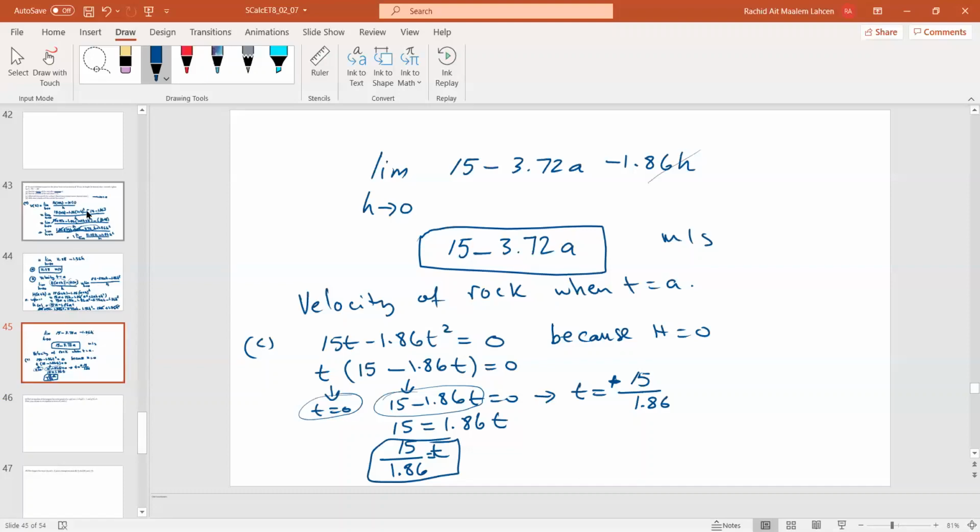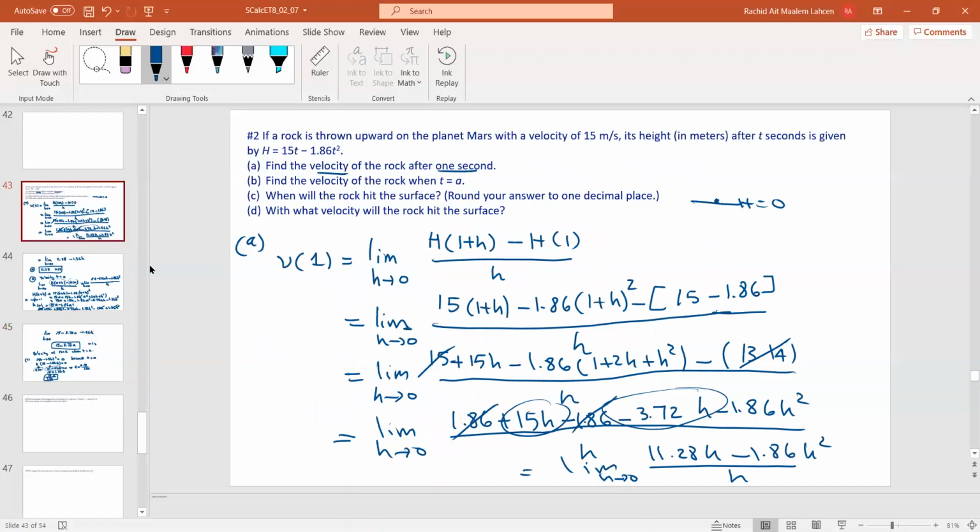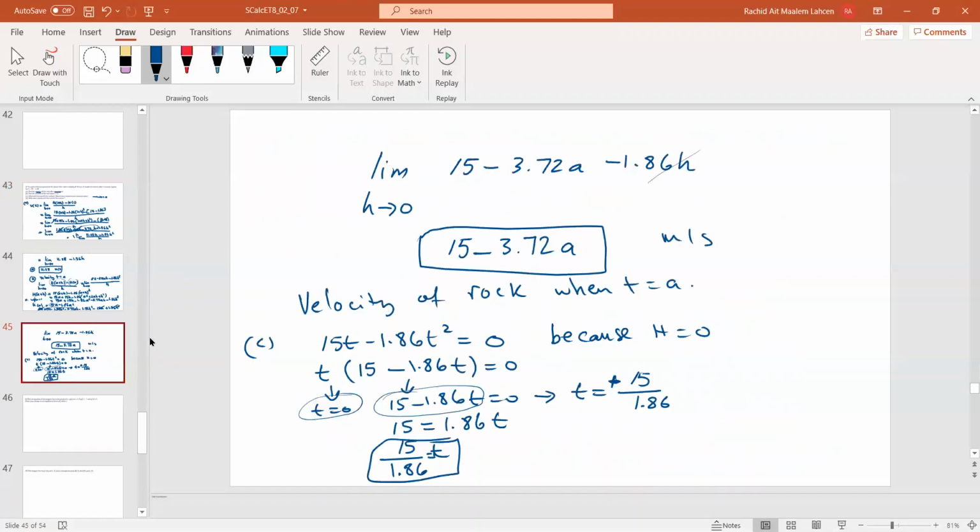But now for the next request, with what velocity will the rock hit the surface, we have the formula. That's what we found, velocity, right? At a given a, it's 15 minus 3.72a. So now for part D, the question is, what is the velocity when it hits the surface, which means this number here, 15 over 1.86. Let's see what that is.